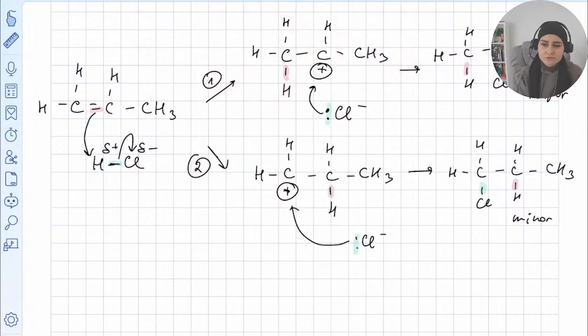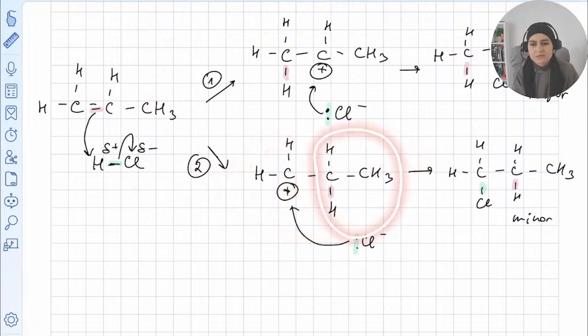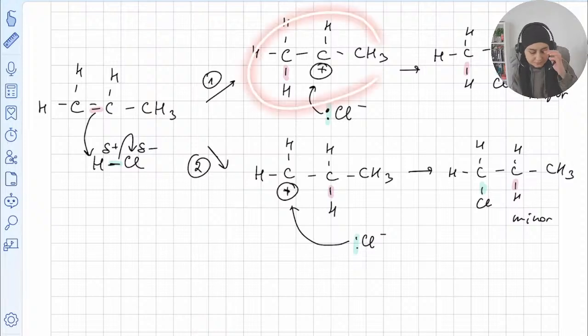CH3 groups tend to push electrons away from themselves. They push electron density towards this plus, and thus they stabilize the carbocation. In the primary carbocation, this plus is only stabilized by one alkyl group, so by one C2H5 group, which makes it less stable than the first one.